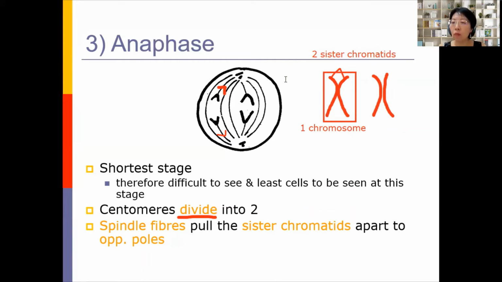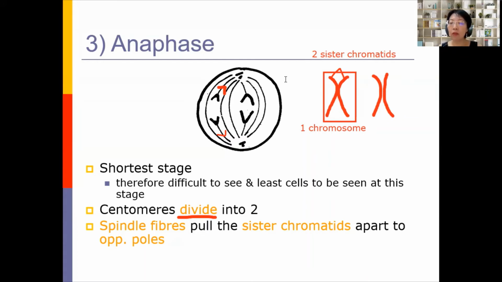The reason why this is considered a chromosome, as I already explained, is that these two sister chromatids are attached together at the centromere. Therefore, this structure is considered one structure only, just like your body with two hands and two legs is one you. It's not two yous. It's one person, so everything is together. It's not separated into two yet, so it's called one chromosome.